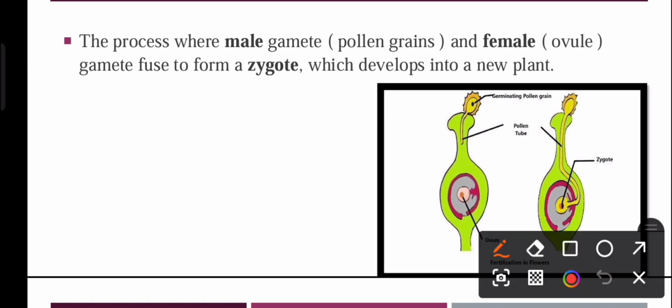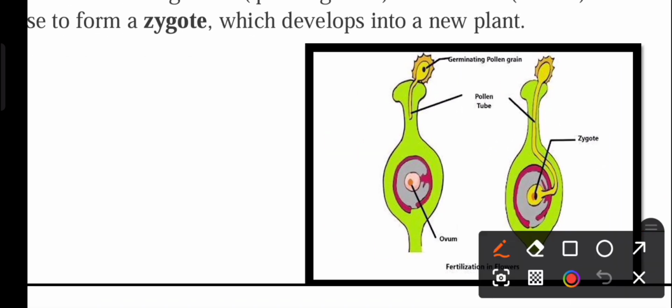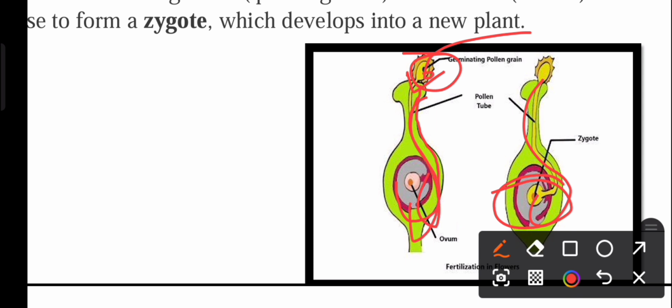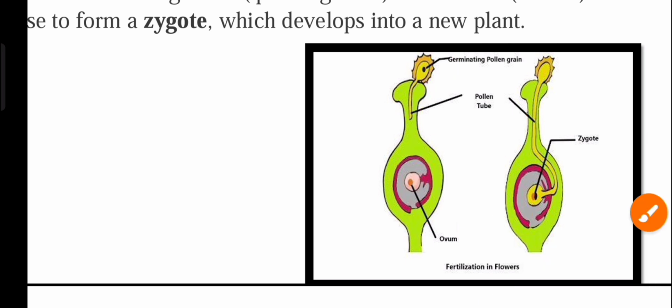See in this picture, this is the male gamete, this is the female gamete. Pollen grains stick onto the stigma and create a pollen tube. The male gamete is present inside the pollen grain.